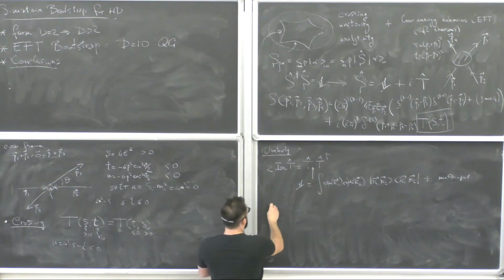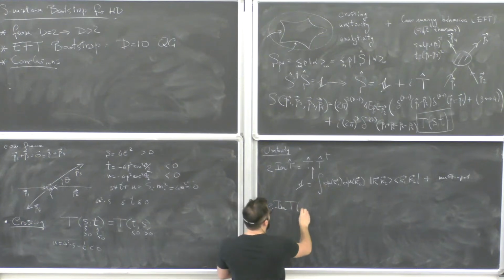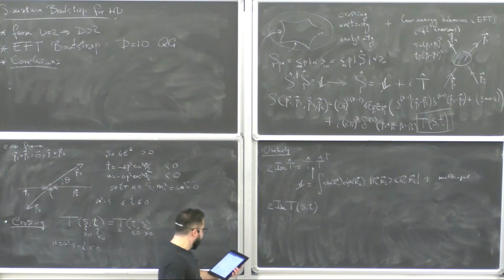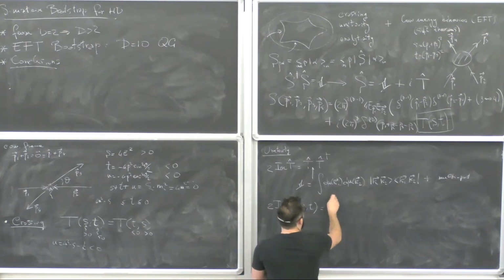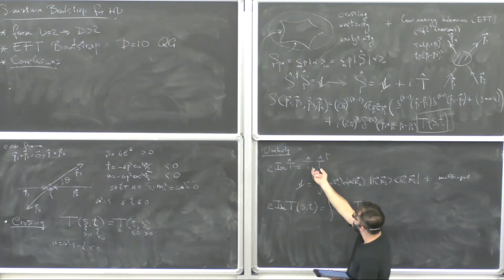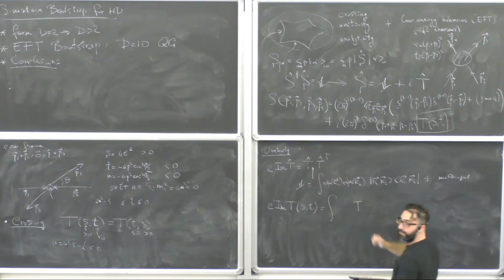this relation becomes that 2 times the imaginary part of T, that now will be a function not just of S but of S and t, is morally equal to an integral. You insert this completeness relation inside, so you have T on one side and T dagger on the other side.